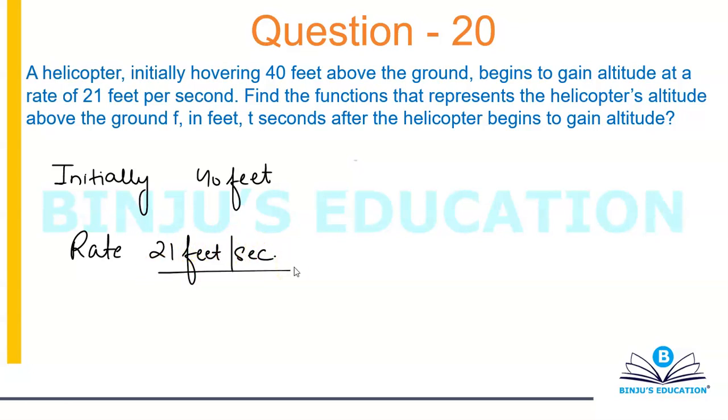That basically means after 1 second the helicopter will be at an altitude of 61 feet. After 2 seconds it will be 40 plus 2 into 21, and so on and so forth.